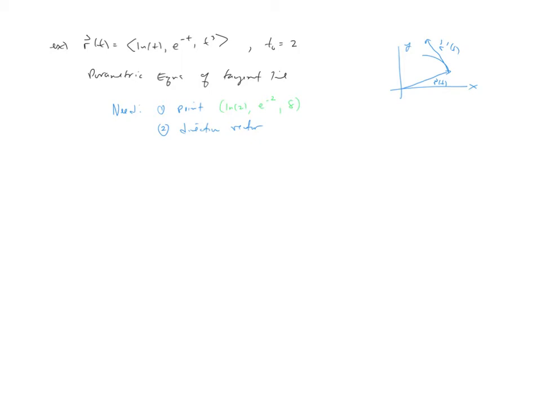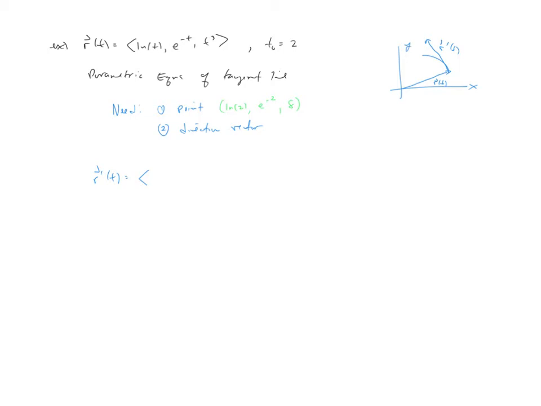Now for the direction vector, as you can probably guess, we're going to take that derivative, which is going to be a vector, and it's going to be pointing in the same direction as, of course, what we want. So the r prime of t is going to be a vector, and we're going to go component by component. This guy, then this guy.